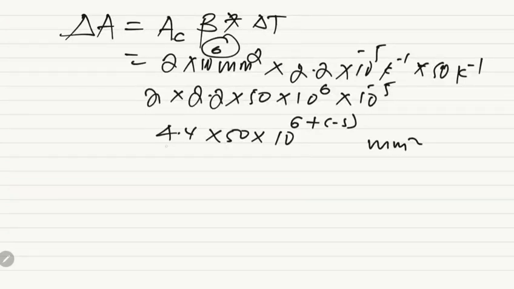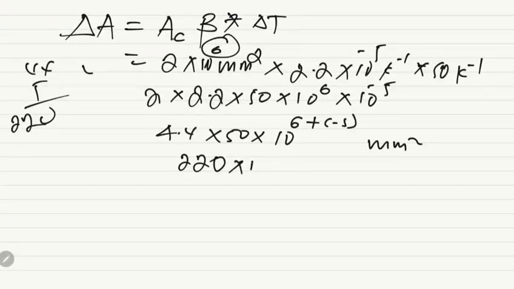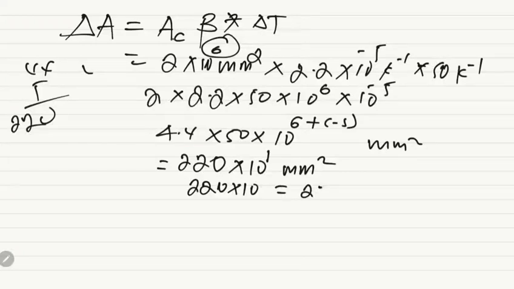Now 44 times 5: 5 times 4 is 20, you got 2 4. 5 times 4 is 20 again, 22. So this is 220 times 10 to the power of 1 millimeter square, which is 2200 millimeter square. That is the change in area.